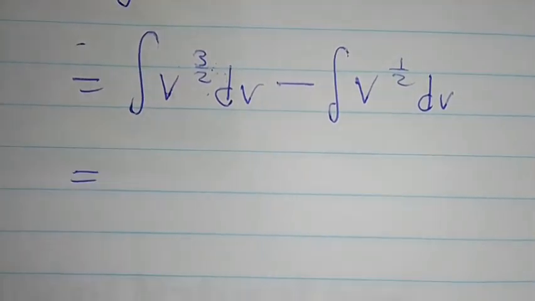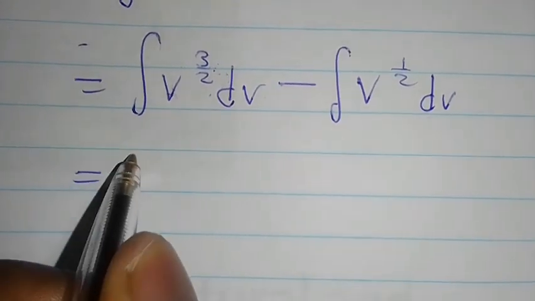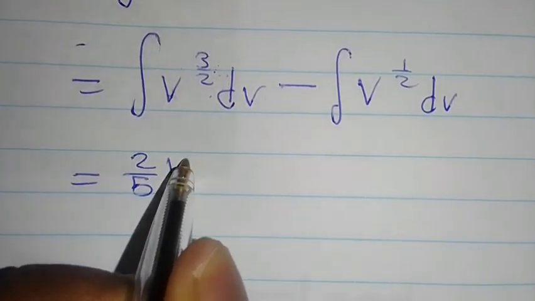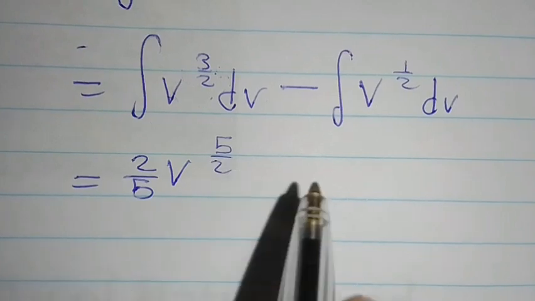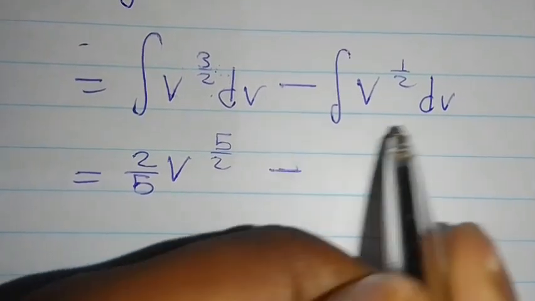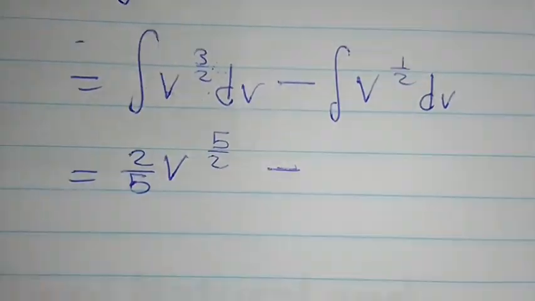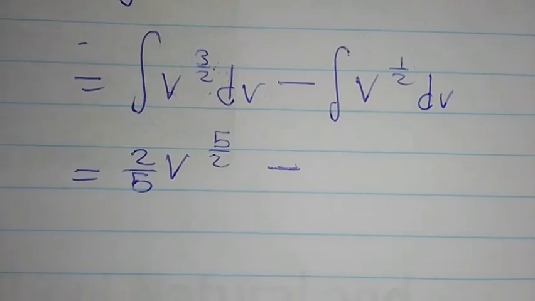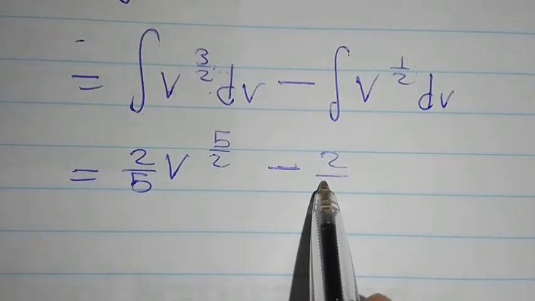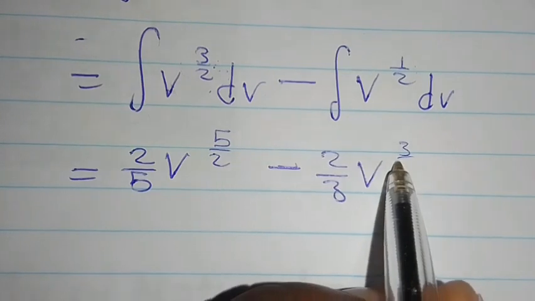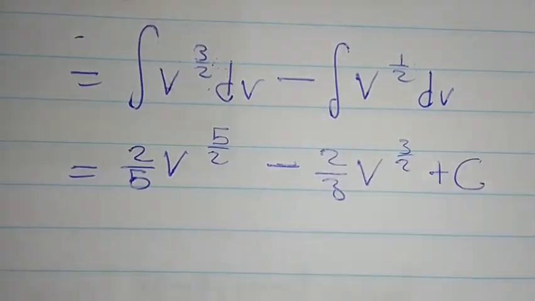Now the reciprocal of that will be 2 over 5. So you'll have 2 over 5 v to the power 5 over 2. Now when you add 1 here, you're going to have 3 over 2, and the reciprocal of that is 2 over 3. So you'll have 2 over 3 v to the power 3 over 2. Then you can add a constant as well.